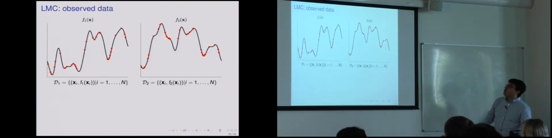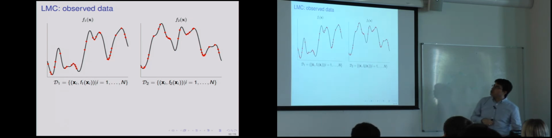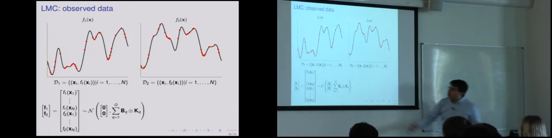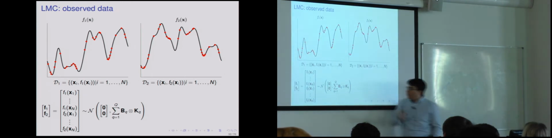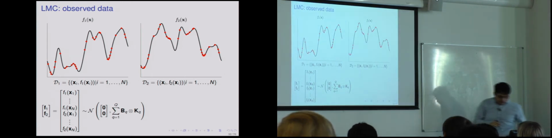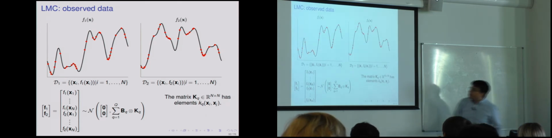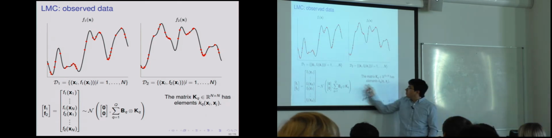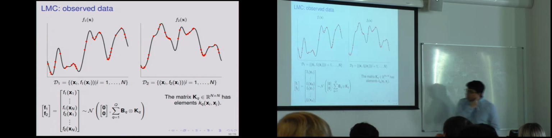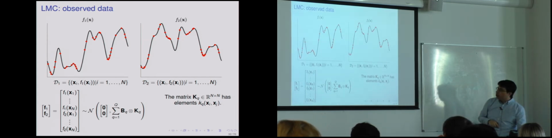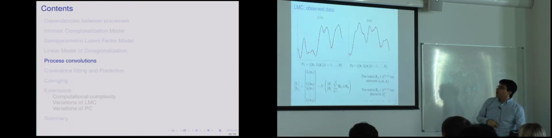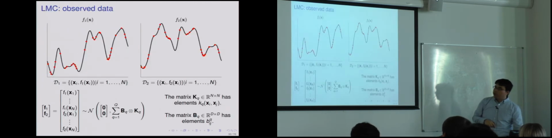Once again, if I have some finite number of random variables from this process, I can stack them, and this gives the covariance for the joint process, which is the sum of these Kronecker products, where the elements of the matrix K_q are computed from the covariance associated to each latent process. Right. Okay.